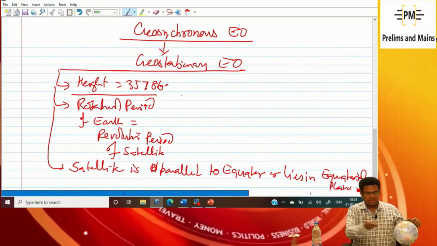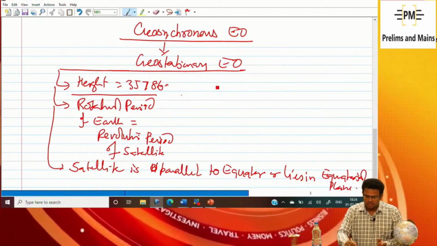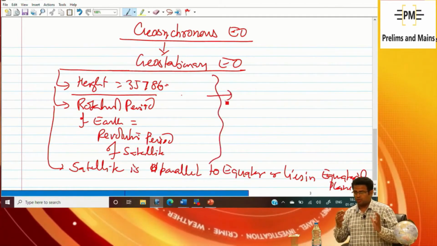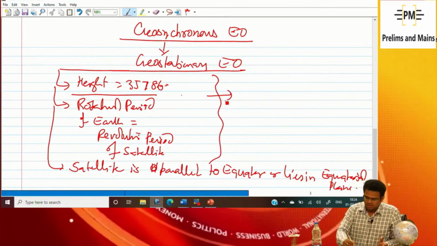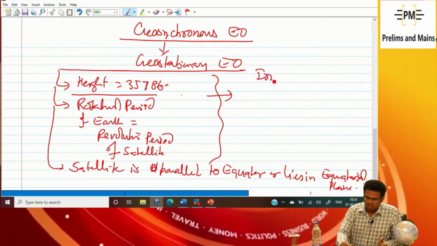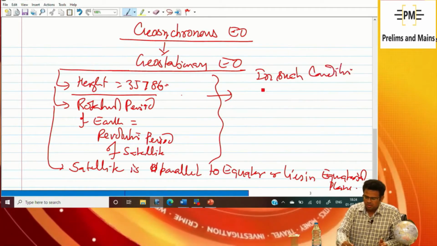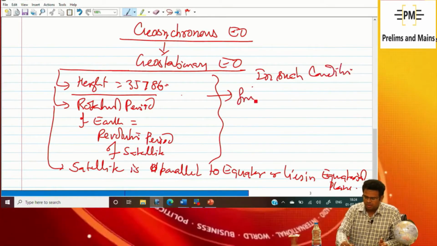So when it lies in the equatorial plane, then such a geosynchronous earth orbit means it is synchronized with the earth.